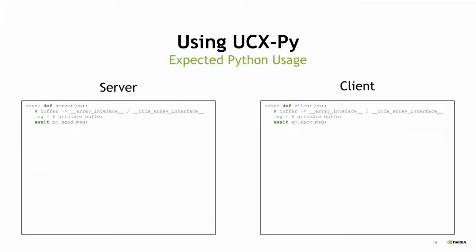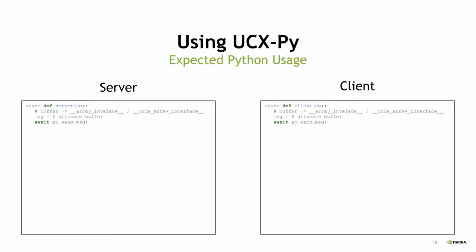So roughly speaking, what we want users to do is they have a buffer that can implement, for example, the array interface or CUDA array interface. As I mentioned before, CUDA array interface is just one protocol, and that's based on the array interface protocol. Obviously, the array interface protocol predates CUDA array interface, and it's a host interface.